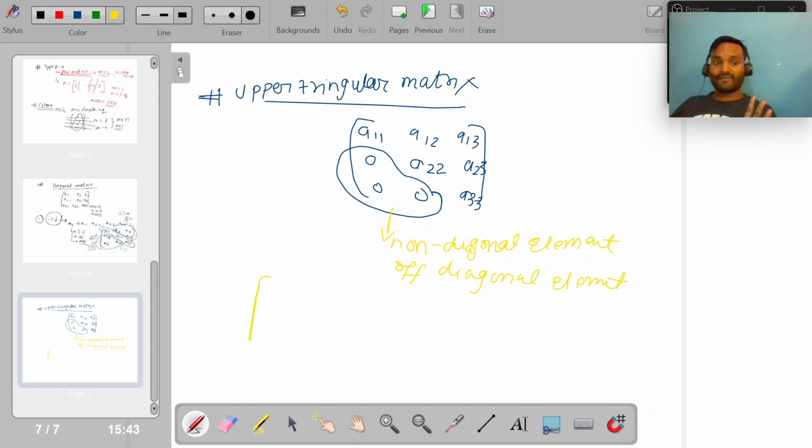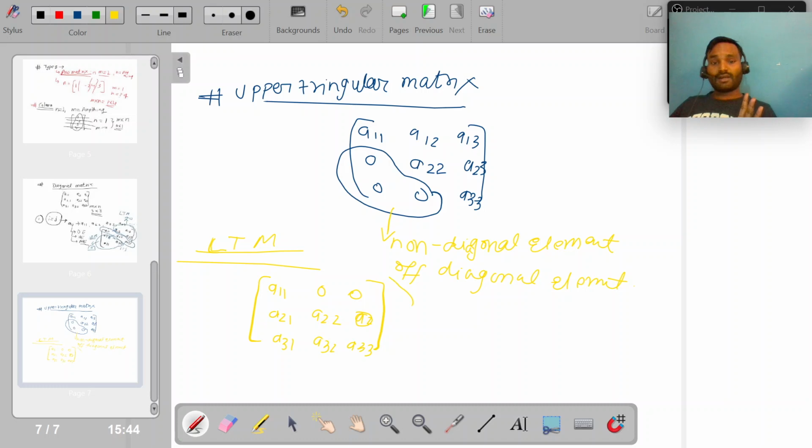If the elements above the diagonal are 0, that is the lower triangular matrix. Let me take an example: a11, 0, 0, a21, a22, 0, a31, a32, a33.